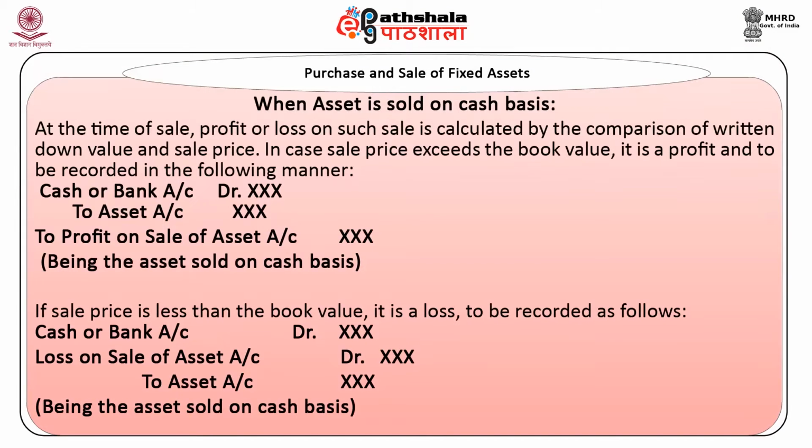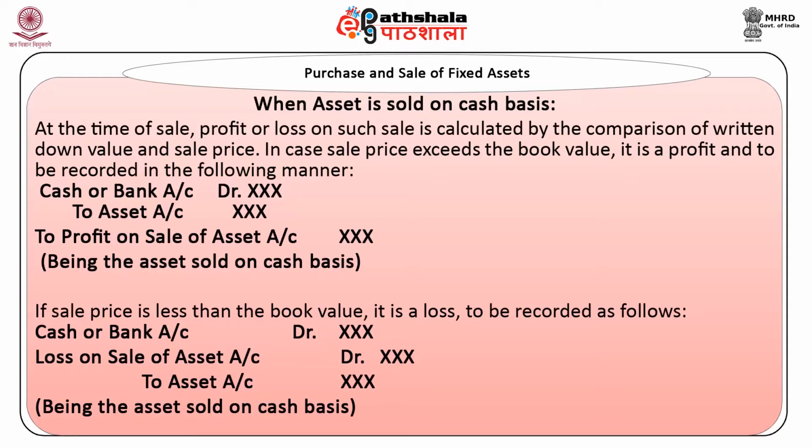When an asset is sold on cash basis, at the time of sale, profit or loss on such sale is calculated by comparison of written down value and sales price. In case sale price exceeds the book value, it is a profit and to be recorded in the following manner.